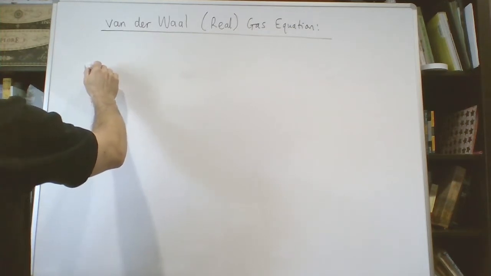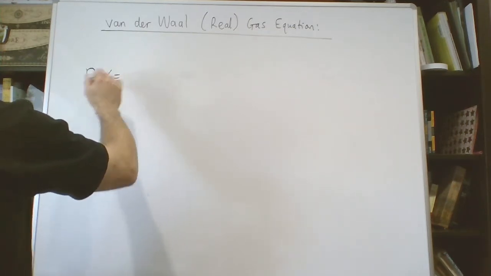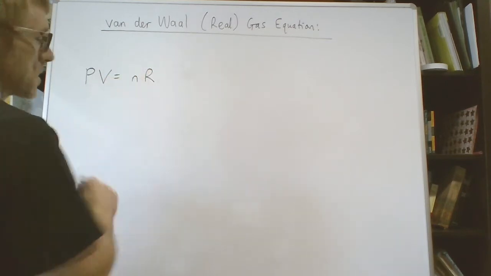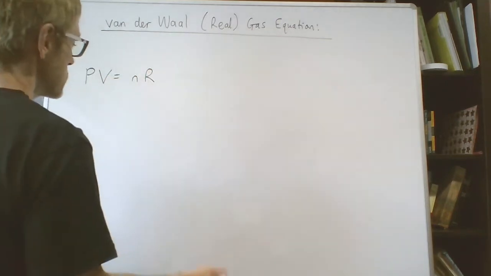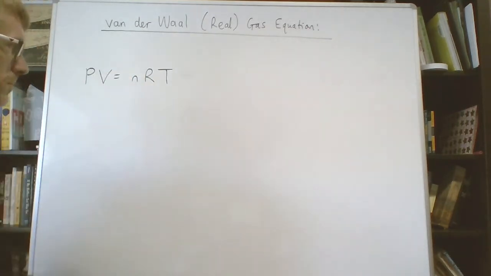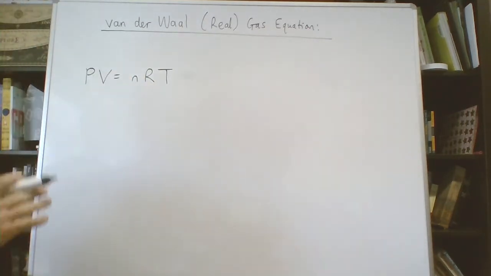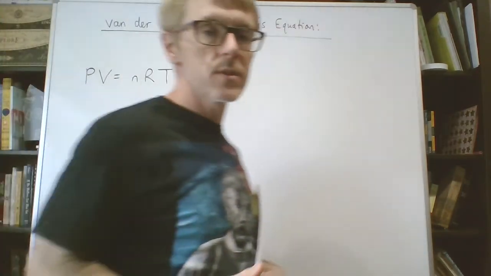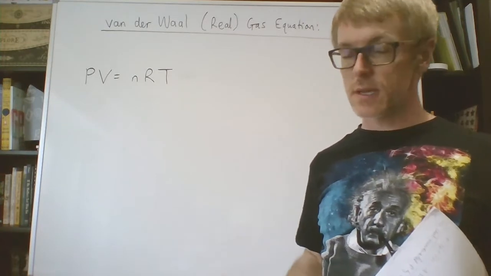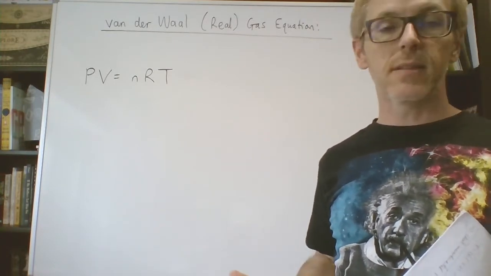So we know that the ideal gas equation is the product of pressure and volume is equal to the product of moles, the ideal gas constant, or the ideal constant of the state equation, and temperature. But the ideal gas equation assumes that there's no interaction between the gas molecules, which is not necessarily true. It assumes ideal behavior.